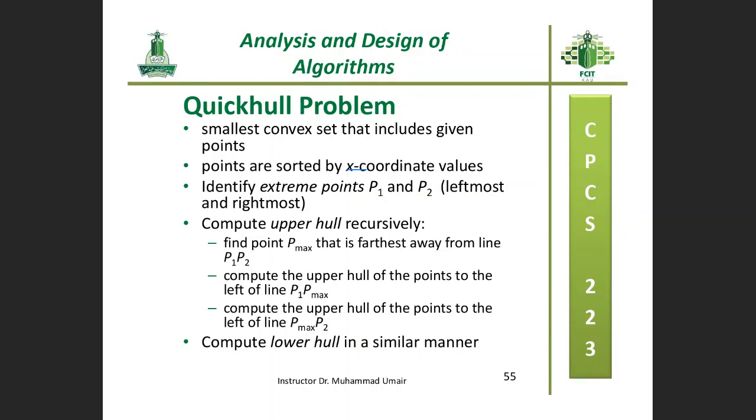All points lying inside the triangle will be ignored, and only points lying outside that triangle will be considered, and you will again find the extreme points, and you will find the boundary points for the given set of points. Is that clear?